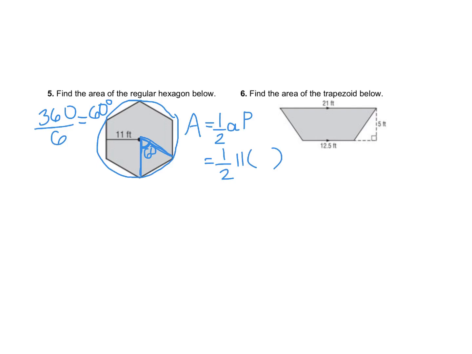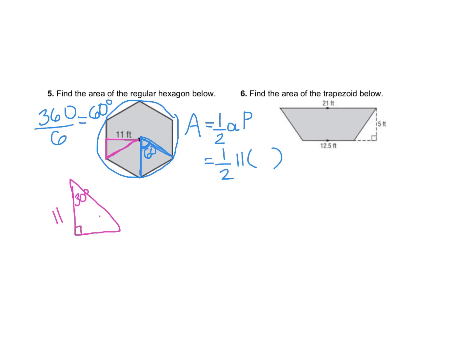Okay, so we're going to focus on this right triangle. And basically what this triangle is, it's half of the blue one that I just created with the 60 degrees. So let me draw a bigger picture of it. So if it's half, that means that the angle at the top is going to be 30 degrees, because we're cutting the 60 degrees in half.